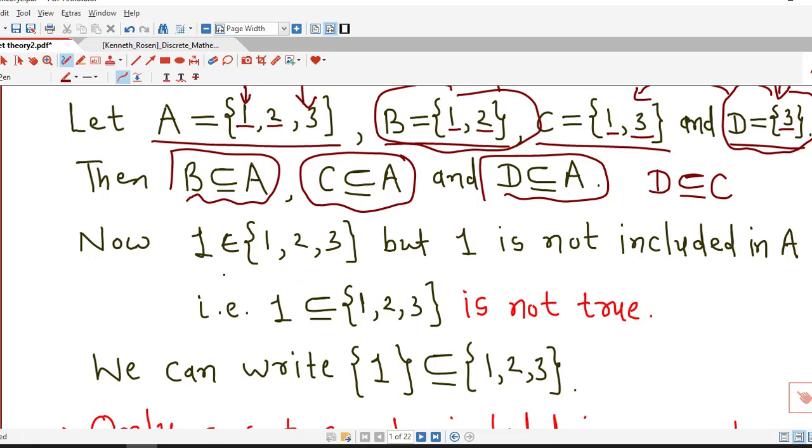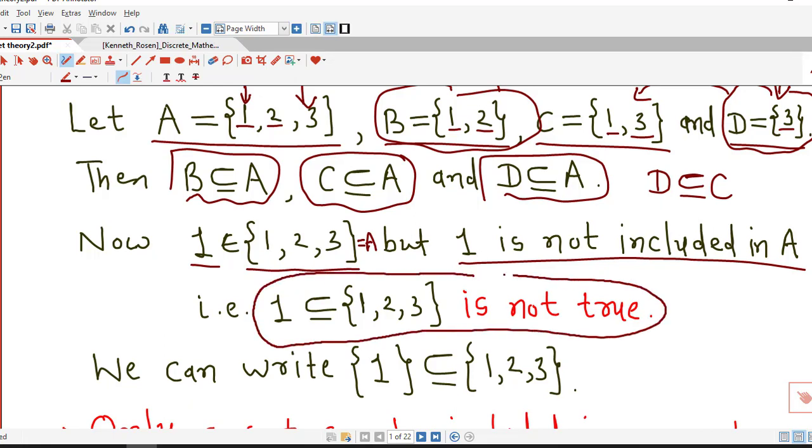Now here we have written that 1 is a member of the set capital A. So 1 is a member of set A, but 1 is not included in A. So we cannot write this notation for 1. We cannot write that 1 is a subset of {1, 2, 3}.